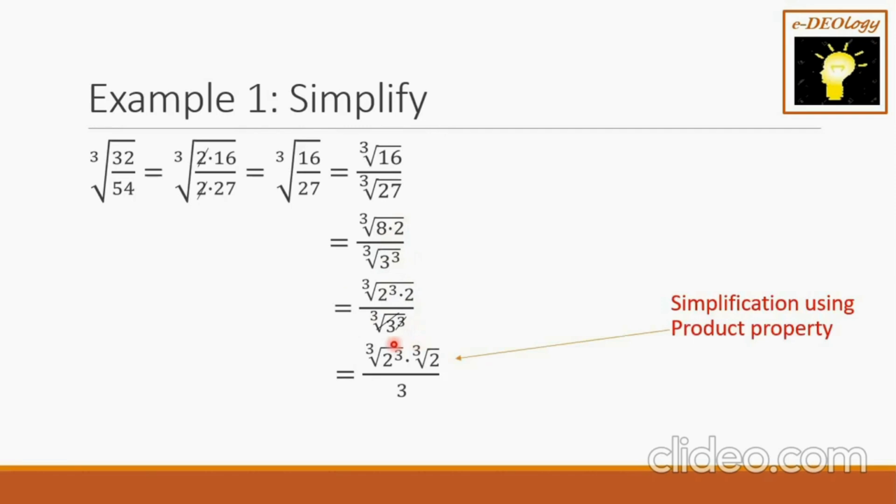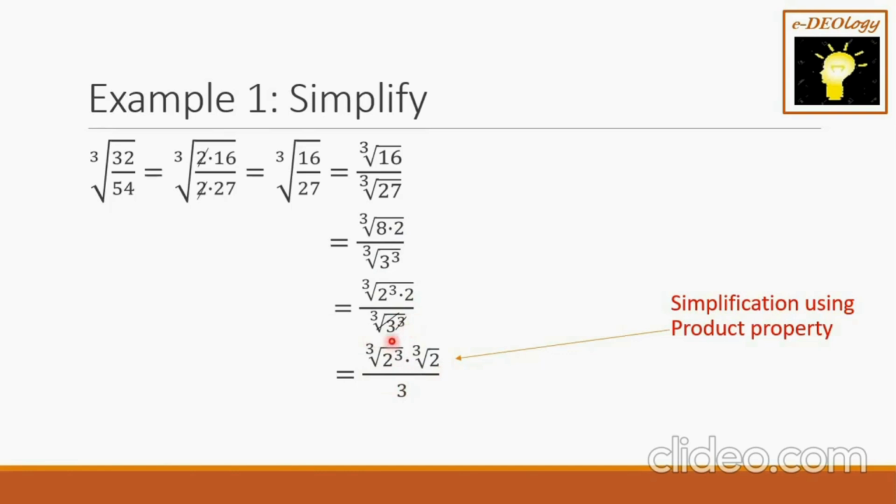Now, in the numerator, we're going to apply simplification using the product property. It means we're going to split the radical into each of the factors. You see here we have the cube root of 2 cubed times the cube root of 2. Then in the denominator, we can now simplify by cancelling the radical and also that power 3.